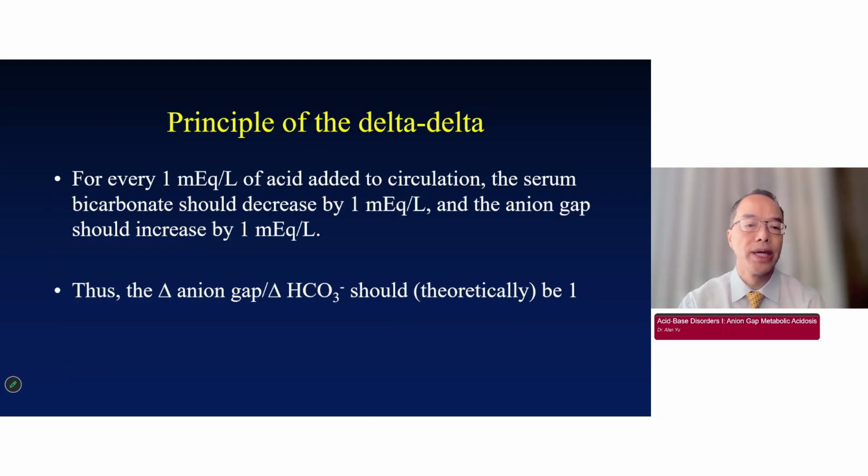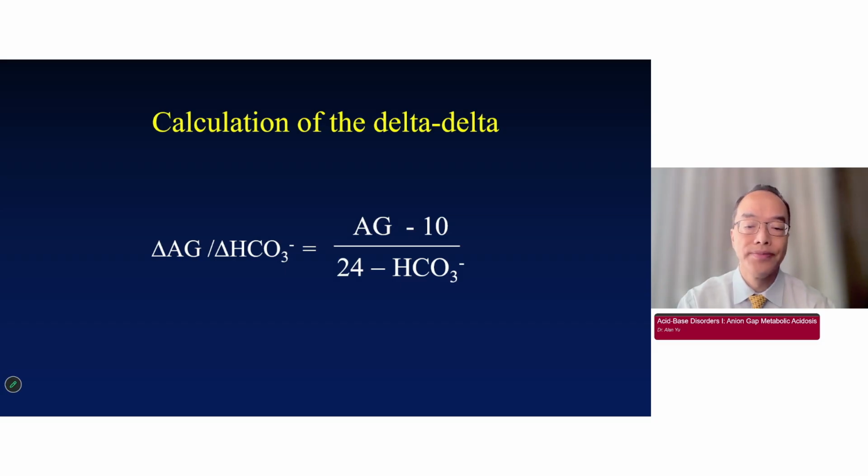And the principle of the delta-delta is this, that for every 1 milliequivalent per liter of acid added to the circulation, the serum bicarbonate should decrease by 1, and the anion gap should commensurately increase by 1. And so the delta-delta, change in anion gap divided by the change in bicarbonate, should, in theory, be exactly 1 in an anion gap acidosis.